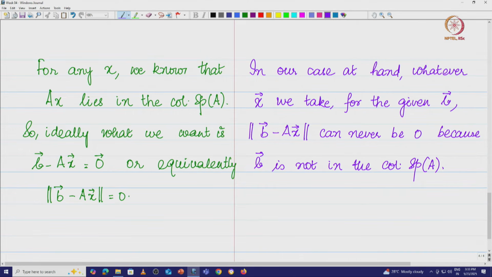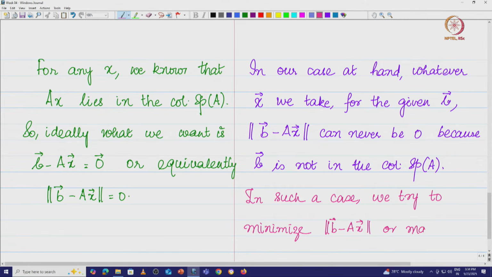So, the best we can do is the following. In such a case, we try to minimize b minus Ax, or make it as small as possible.